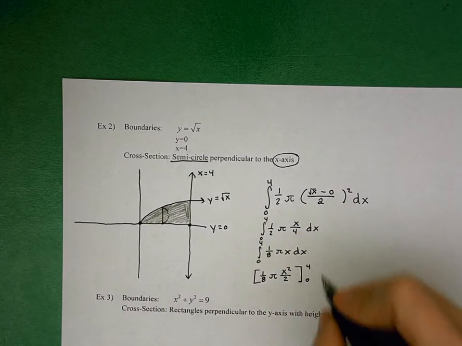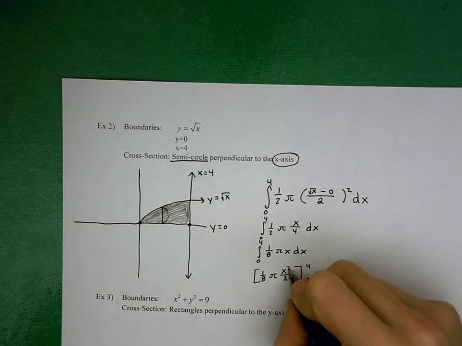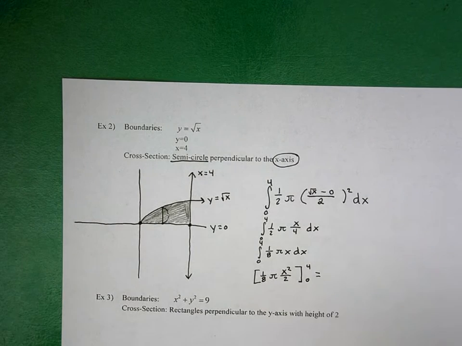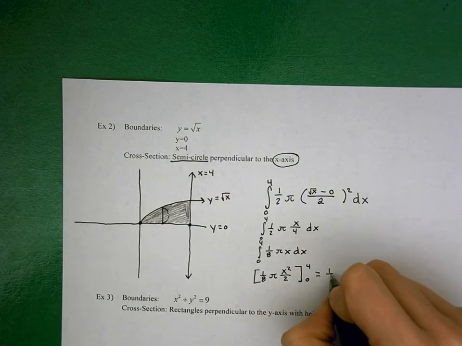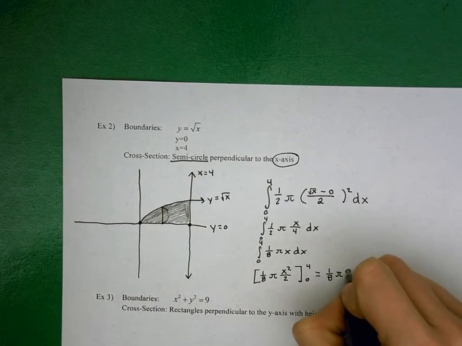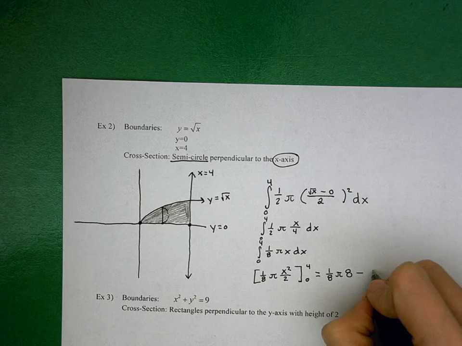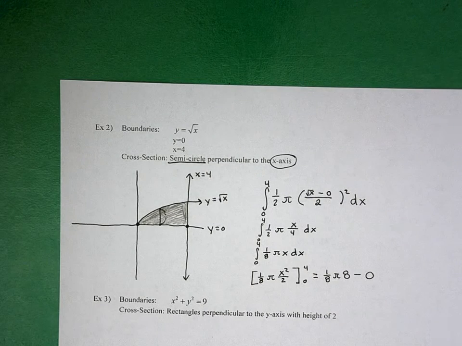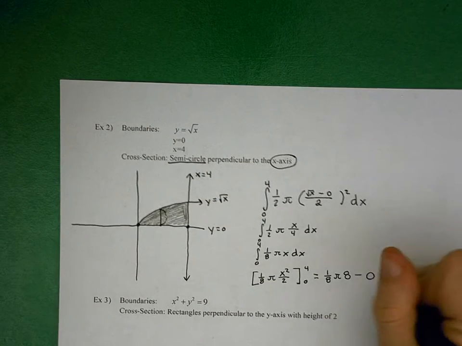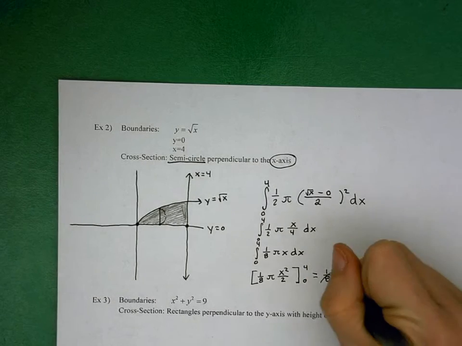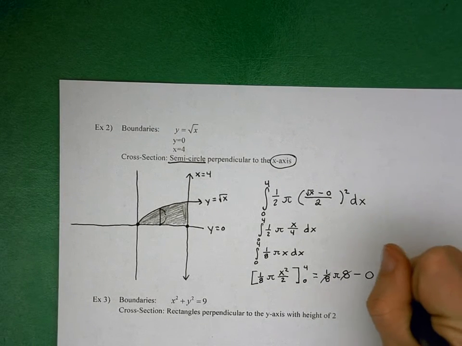Then we're going to plug in our upper. 4 squared is 16, divided by 2 is 8. And minus, plug in your lower, you have 0 squared divided by 2, which is 0. Anything times 0 is still 0. And so this is 1/8 and 1/8 cancel, and we get pi.